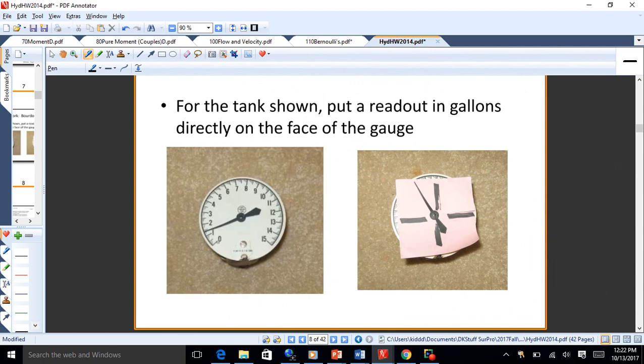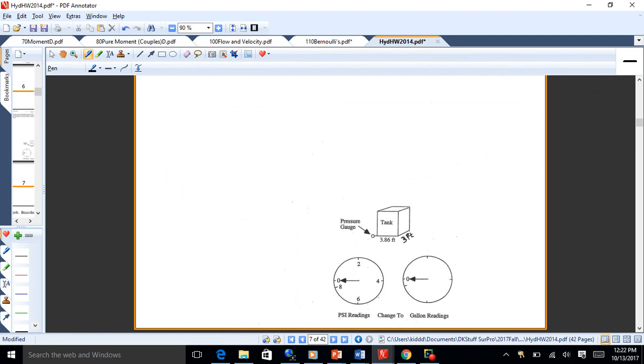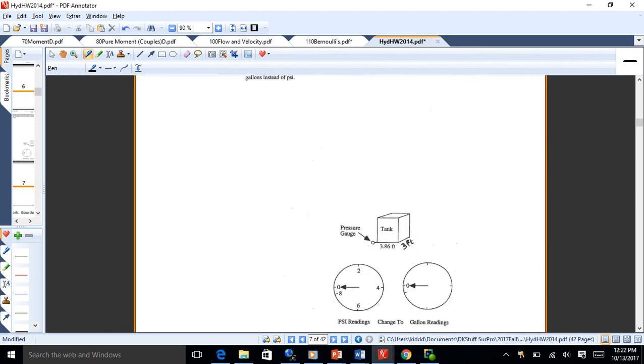for the tank. Now, what you need to do first is get a deal going here where you can find volumes. So what I would do first is get the area of the tank, and that's 3.86 feet by 3 feet.